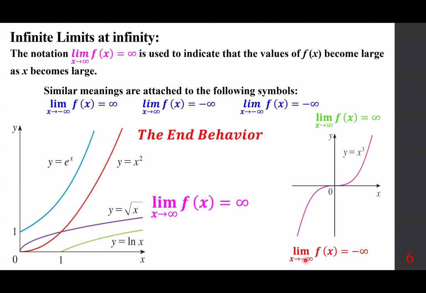The limit of f of x as x approaches negative infinity is negative infinity, the third quadrant. So, in short, when you take a limit of the function as x approaches either positive or negative infinity, we mean the concept known as the end behavior.